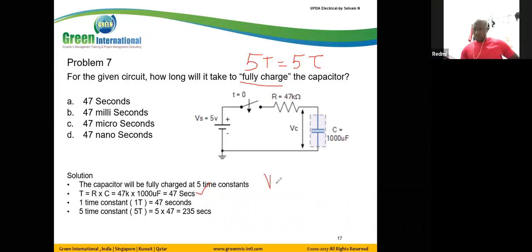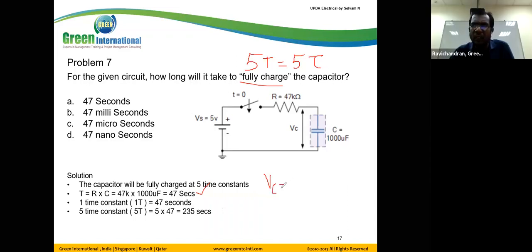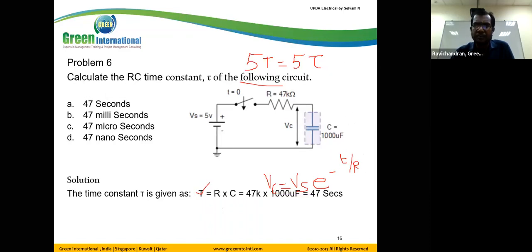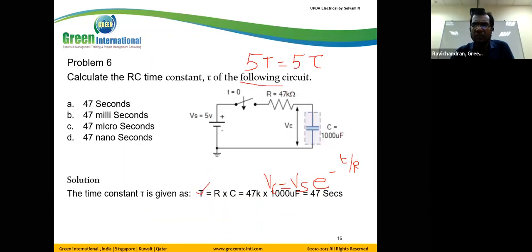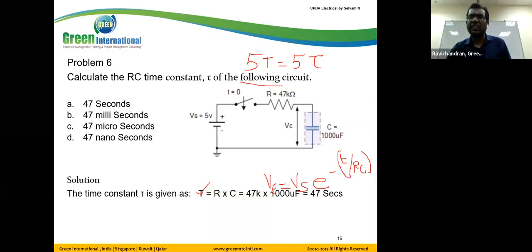Similarly, we can calculate VC, which is equal to Vs e to the power of minus T by RC. So this is the formula for the capacitor voltage.